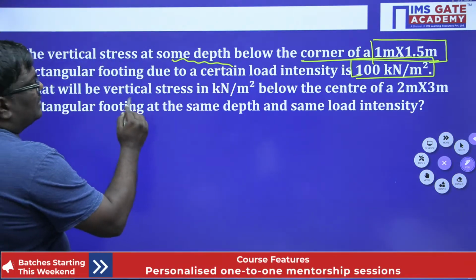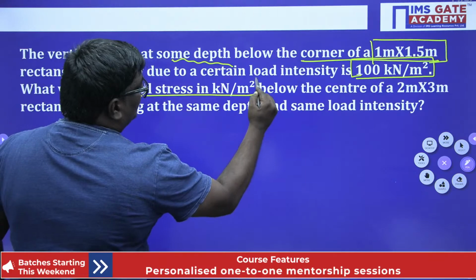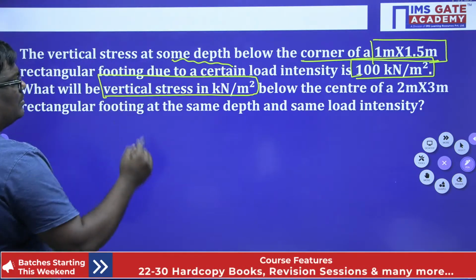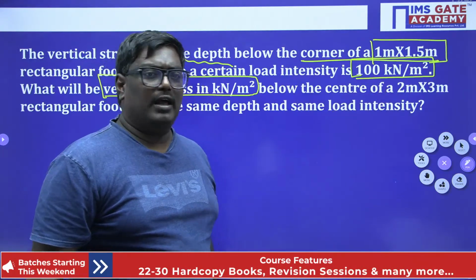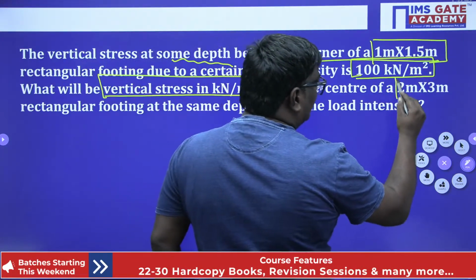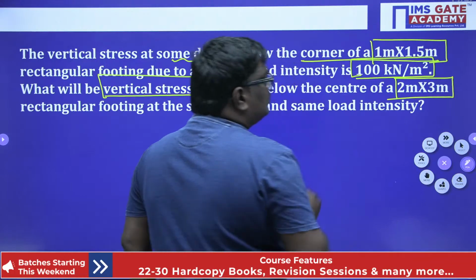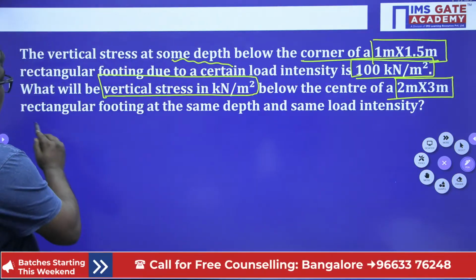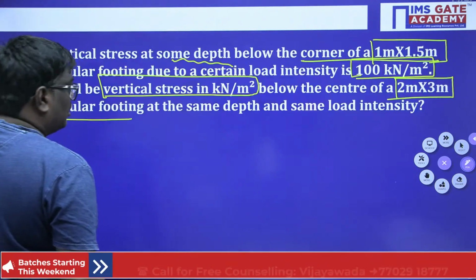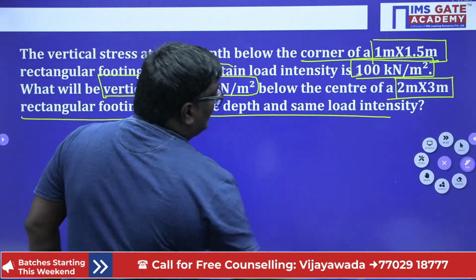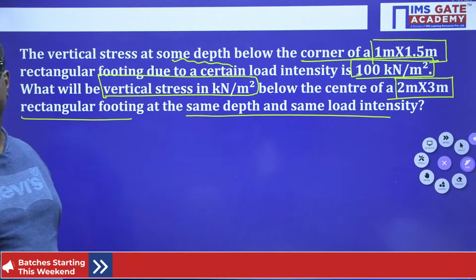Now, what will be the vertical stress in kilonewton per meter square below the center of a 2 into 3 meter rectangular footing at the same depth and at same load intensity?